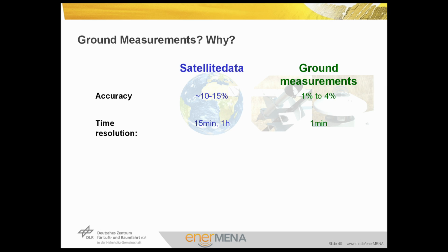So maybe you can ask now, why do we need ground measurements? First of all, the accuracy of satellite data is only between 10 and 15%, while the accuracy of ground measurements for DNI is between 1 and 4%. Also, the time resolution of satellite data is quite low, so sometimes you have 15-minute resolution, sometimes 1 hour, while the ground measurements can be obtained with a resolution of 1 minute without problems.